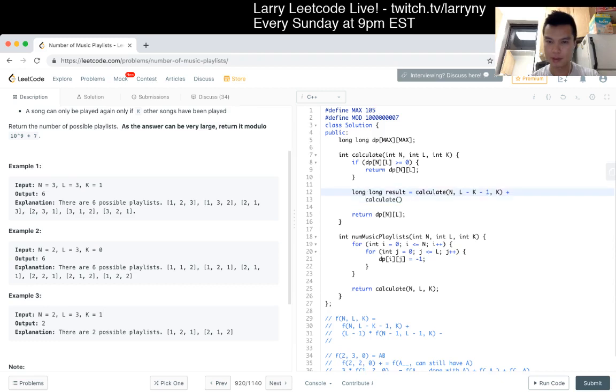Okay. I mean, this is trivial to type, but I'm just trying to make sure I consider overflows and stuff like that, because this is actually a little bit weird.